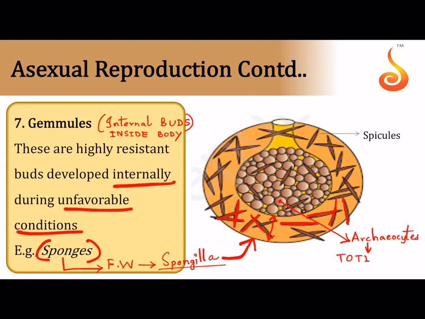And these cells are said to be totipotent. Totipotent means each cell can give rise to an entire sponge. One single cell can give rise to one single organism.